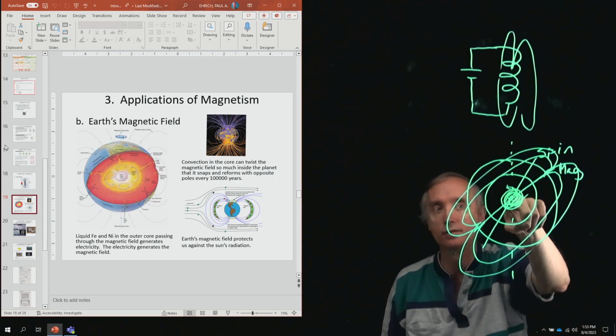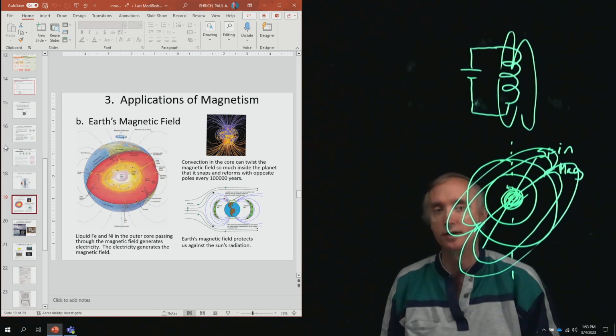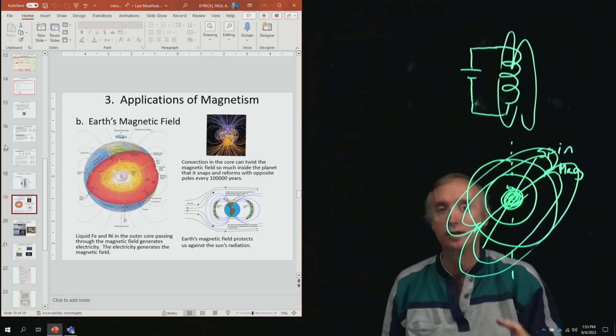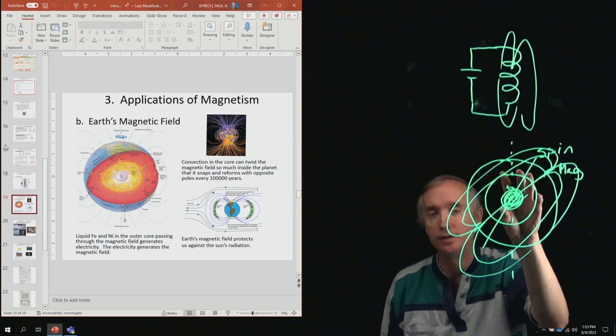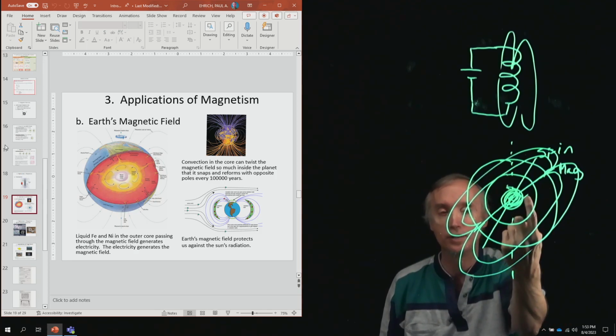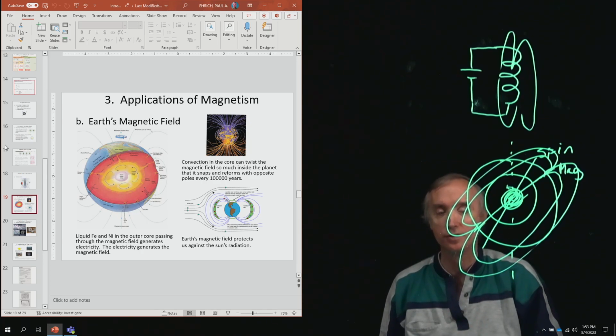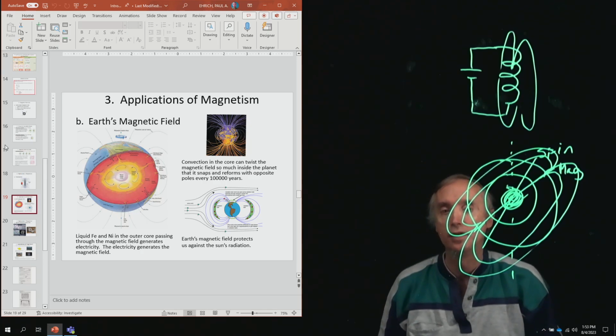So the inner core of the Earth is like the nail that intensifies the Earth's magnetic field. For purposes of the exam, if you say that iron and nickel in the outer core going around and around because the Earth is spinning causes the Earth's magnetic field, that's going to be fine.